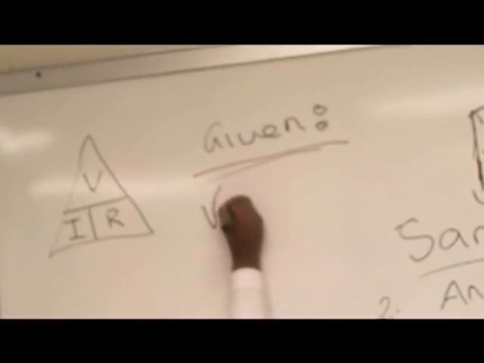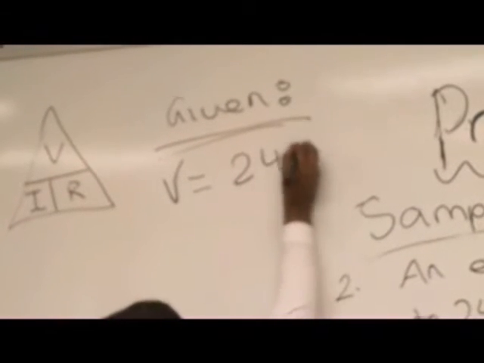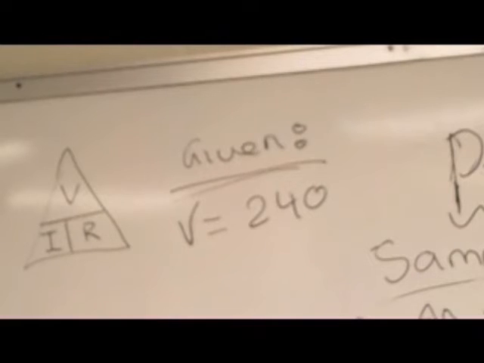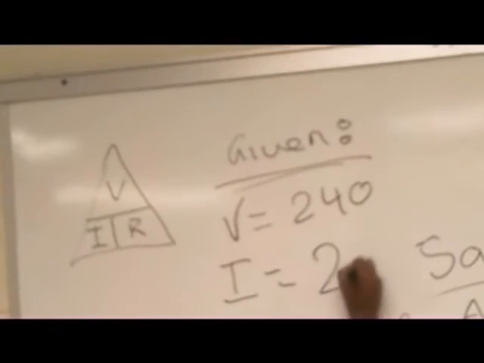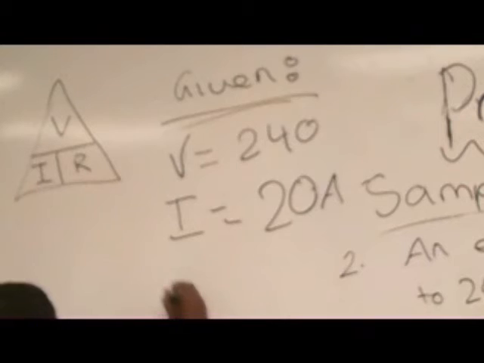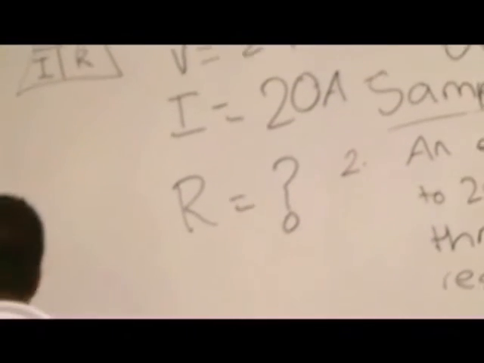Okay, we know that the voltage, or the potential difference, is 240. And the current is 20. And what is resistance? That's our question.